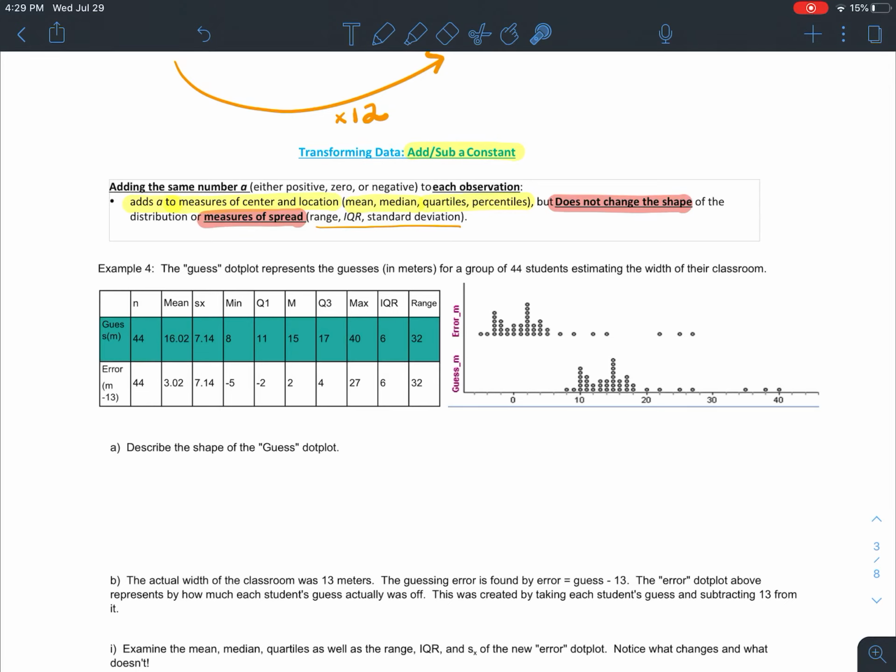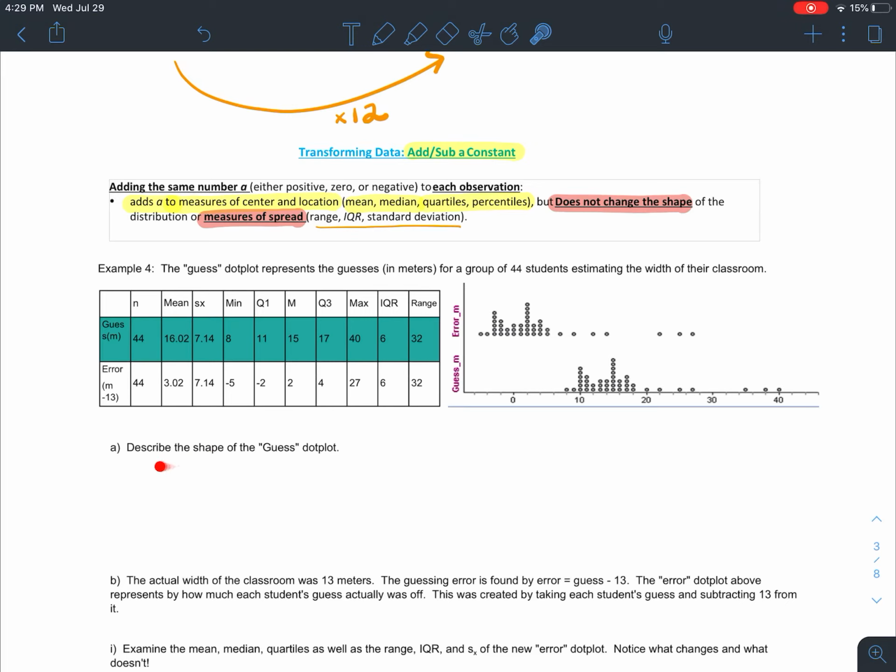This bottom dot plot represents all the students' guesses, and this bar represents all that data: the range, interquartile range, the five-number summary, standard deviation, mean, and 44 students, the number in the sample.